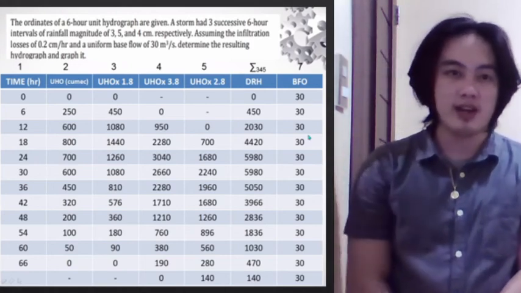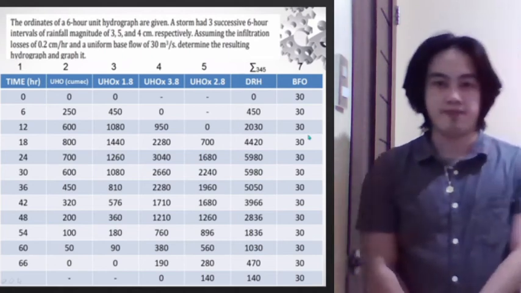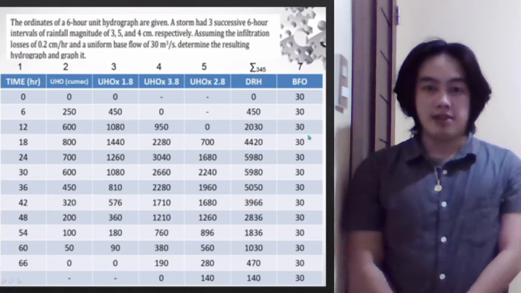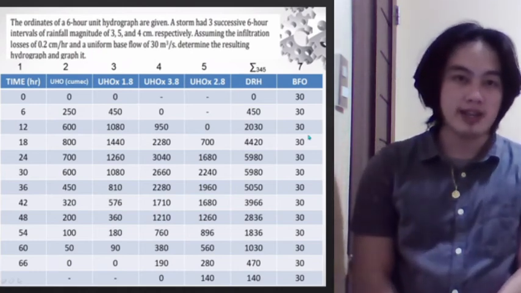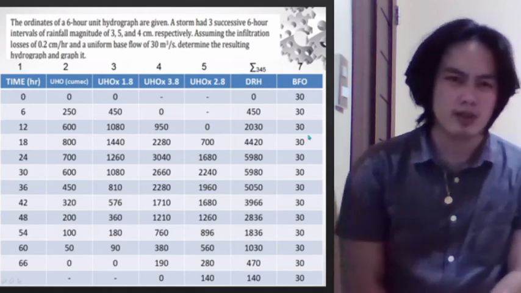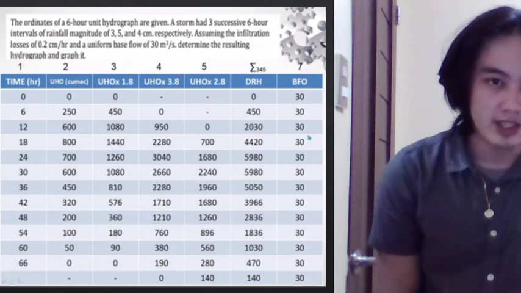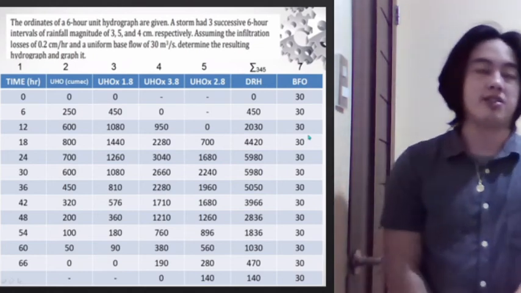Determine the resulting hydrograph and graph it. We know that the given here is the time and the UH, the unit hydrograph. So UHO means direct.